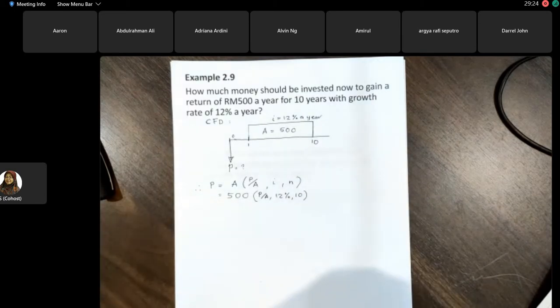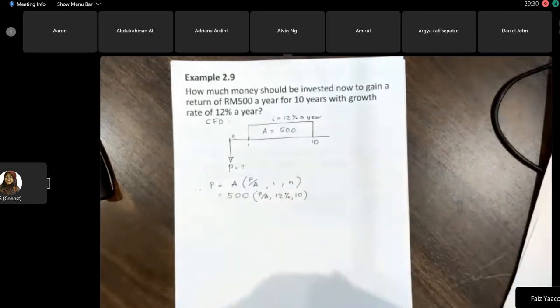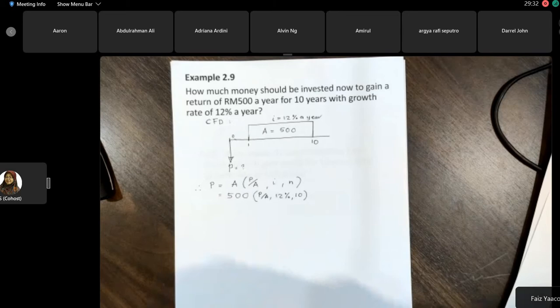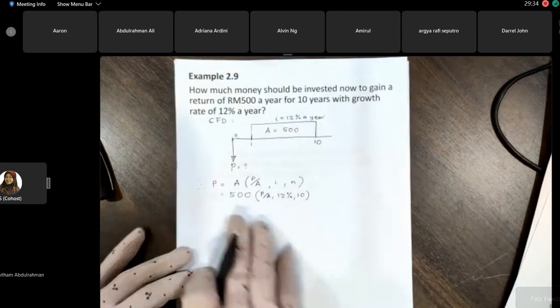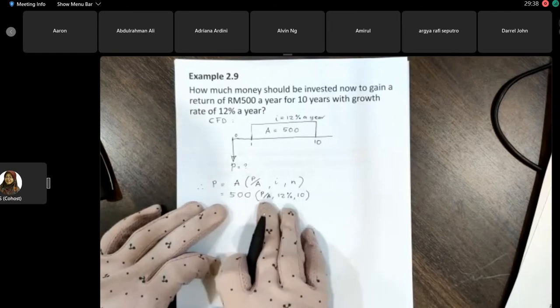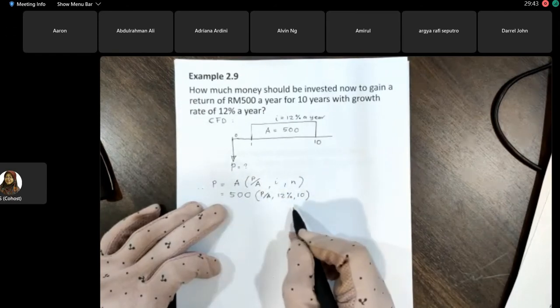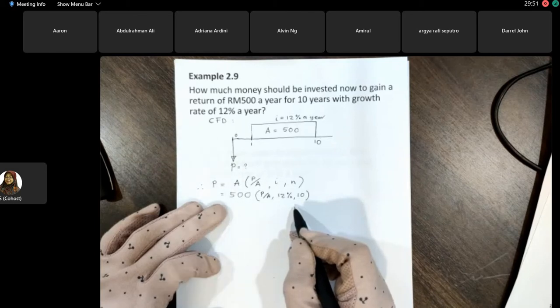Can you hear my voice clearly? Okay, after this part, what you have to do is find out the value here. Maybe you want to use the factor by using the table, or maybe you want to find it by using the formula.